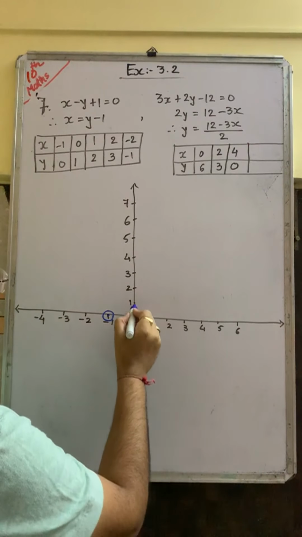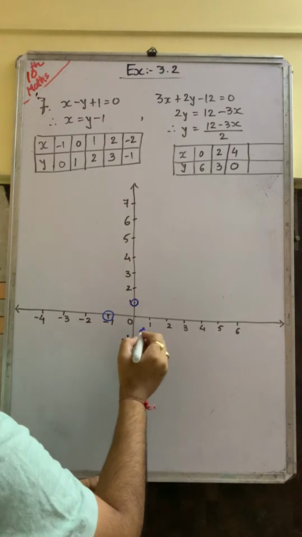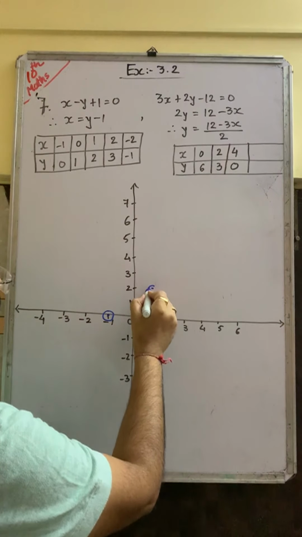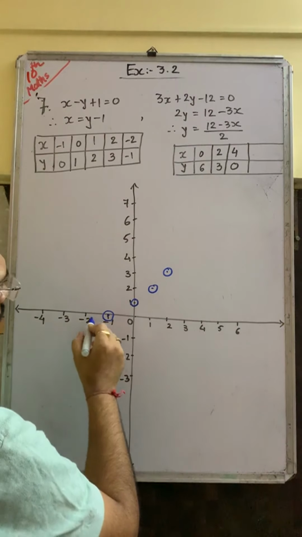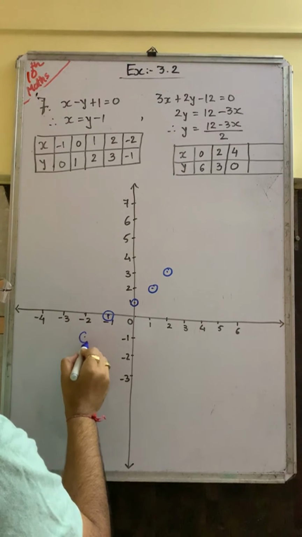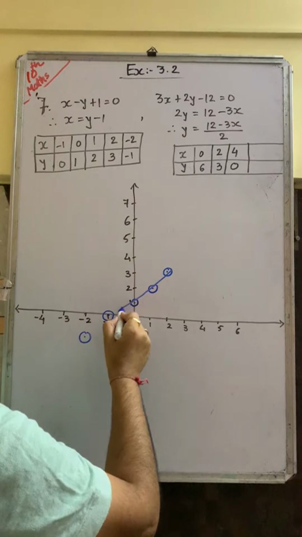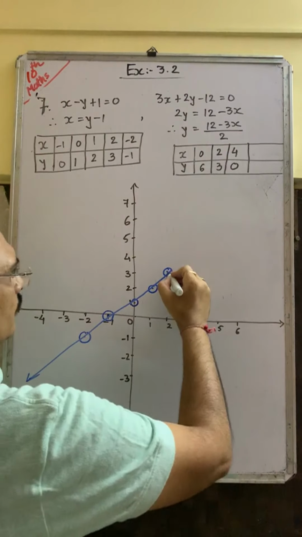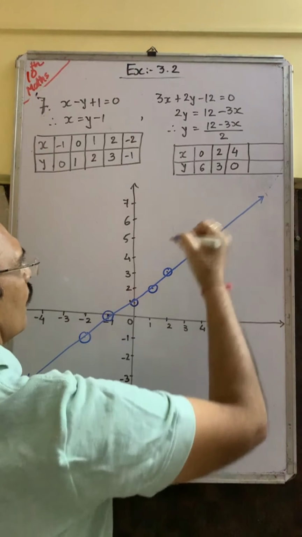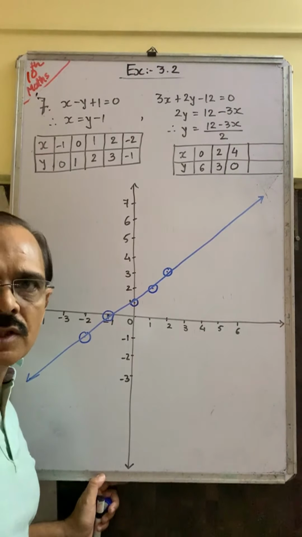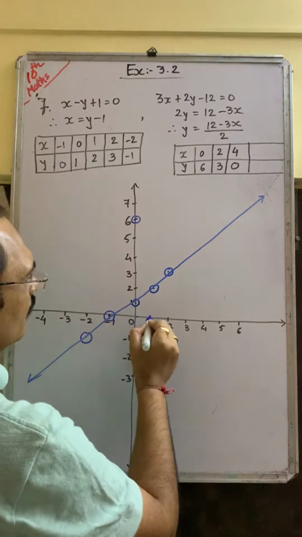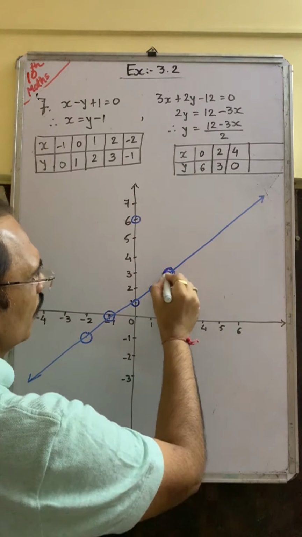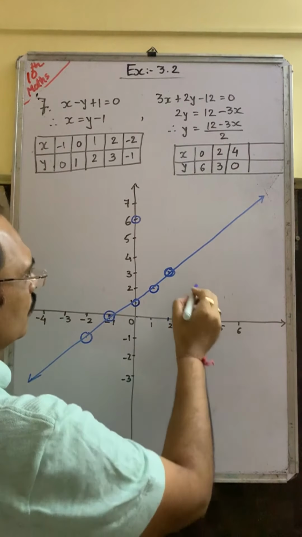Second, 0, 1, 1, 2, 2, 3, minus 2, minus 1. So the line is like this. This is the first equation graph. Second equation, 0, 6, 2, 3, common point, 4, 0.